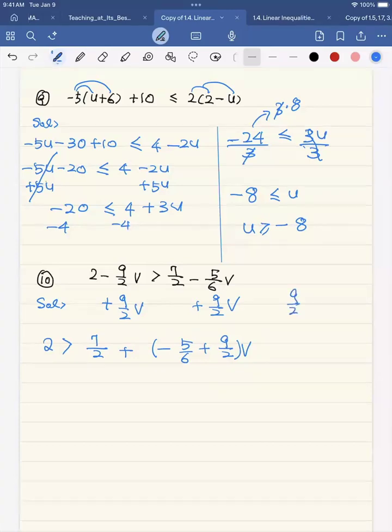9 over 2 is 27 over 6. What did I do? I multiply by 3 on the numerator and denominator to make the denominator the same as the first term.